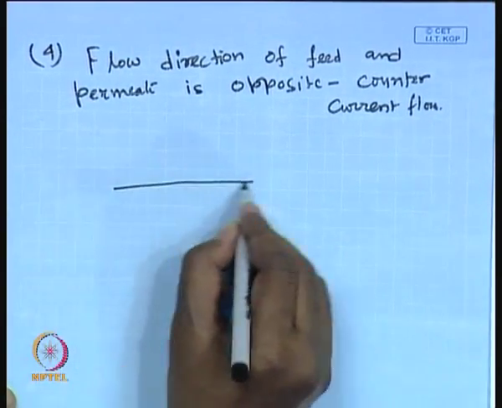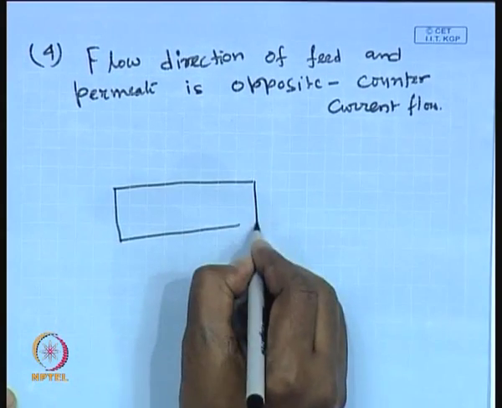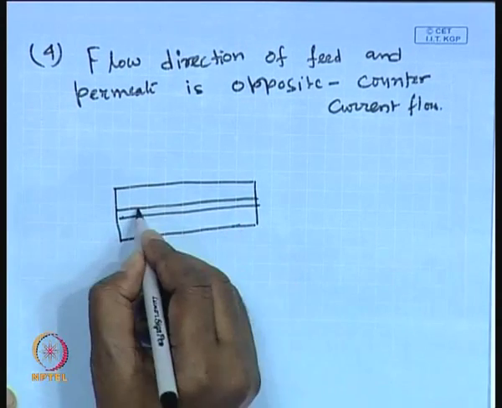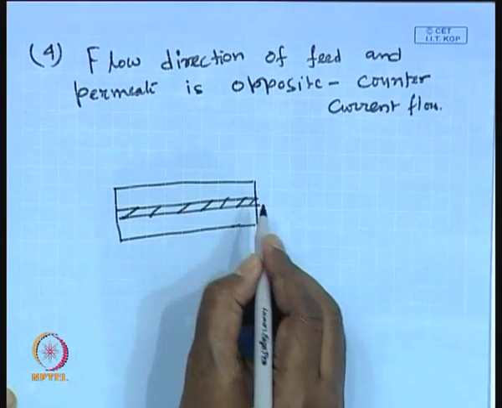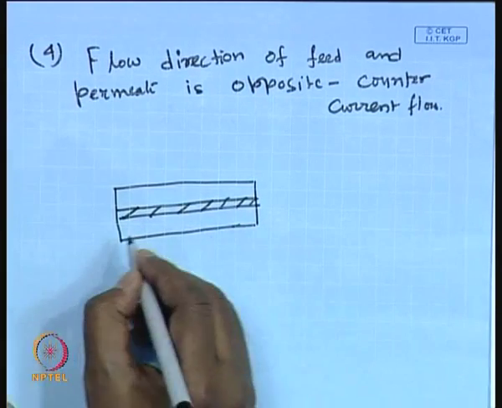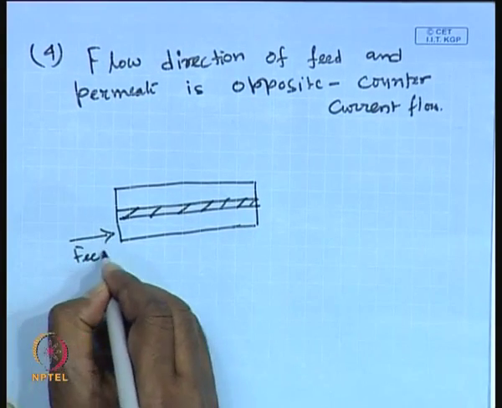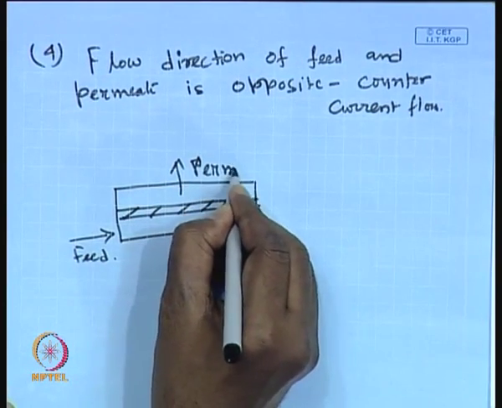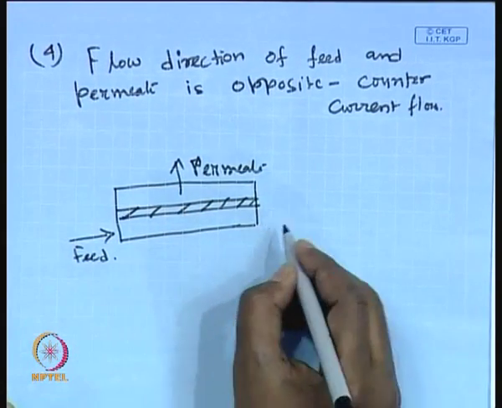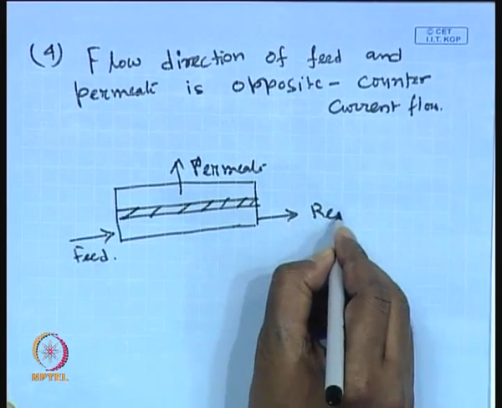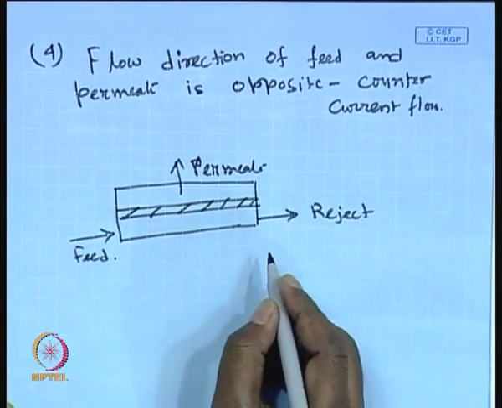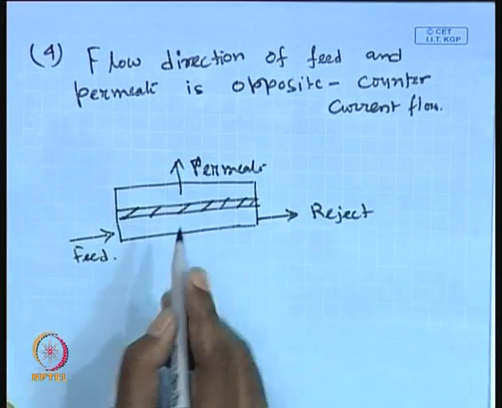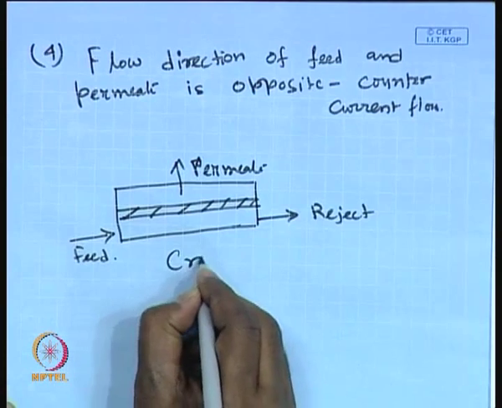So, if we have a system something like this, suppose you place the membrane in between, dividing the whole chamber into two parts. This is the feed going in and you are collecting the permeate. Feed is going into the system, then the reject stream comes out of it, and the permeate you get almost at 90 degrees to the direction of the feed flow. This is a simple cross flow system.